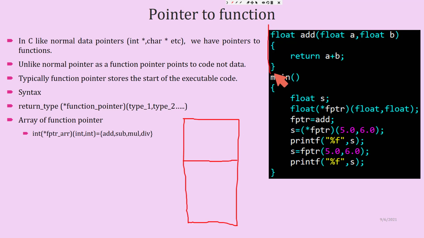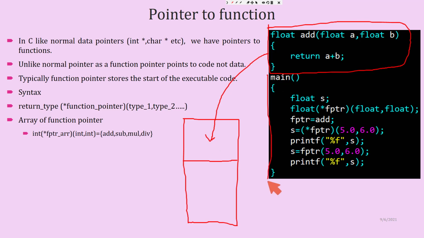So here in this example, I have a function. This program must be loaded to main memory by some software called loader. So this function must be brought to memory. I have another function, main. For execution, this also has to come to memory.